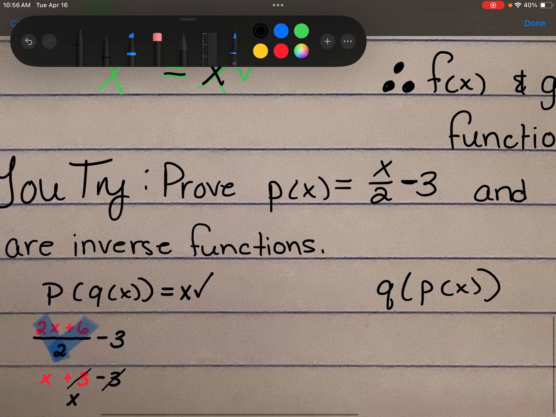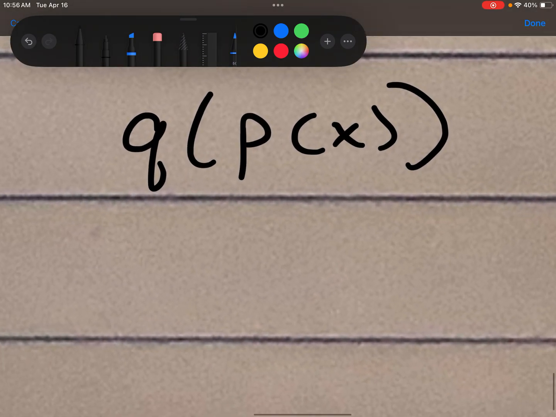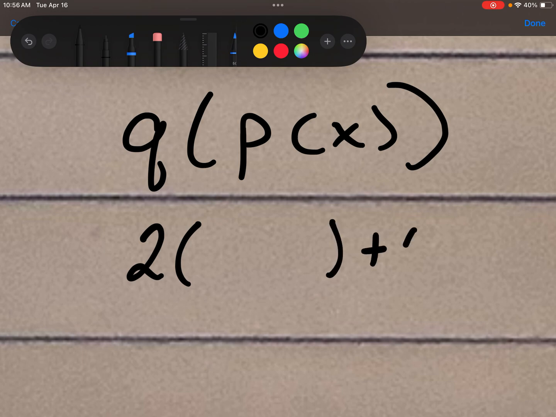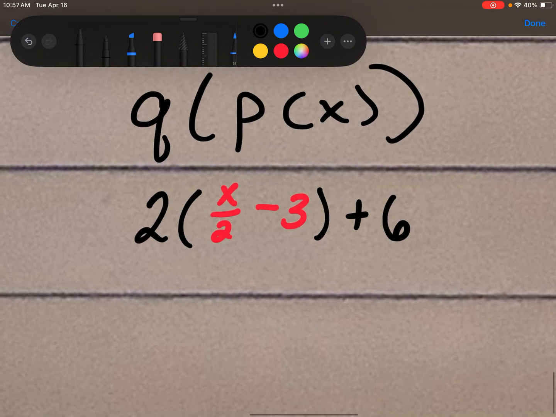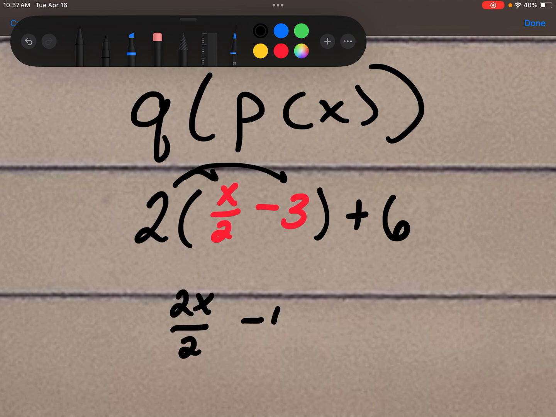Okay, let's look at the next one. Q of p of x. So first we start with the q function, which is 2 times x plus 6. Instead of the x, we're going to write the p function, which is x over 2 minus 3. We'll start with the distributive property. We get 2x over 2 minus 6 plus 6.